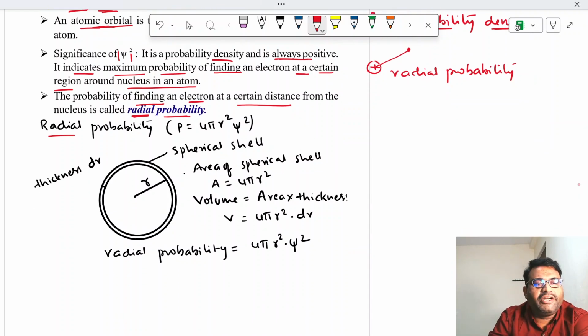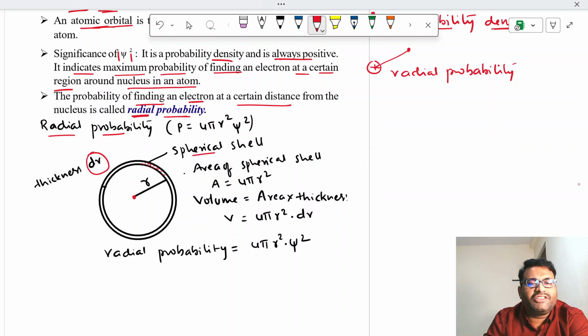So radial probability is given by the expression 4 pi r square psi square. How can we discuss this? See, let us take this as the center of the nucleus, considering this atom as a spherical shell, and the radius of this spherical shell is r, and in a thickness of dr, the probability of finding the electron is present.